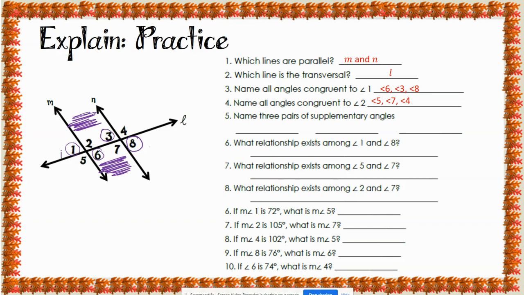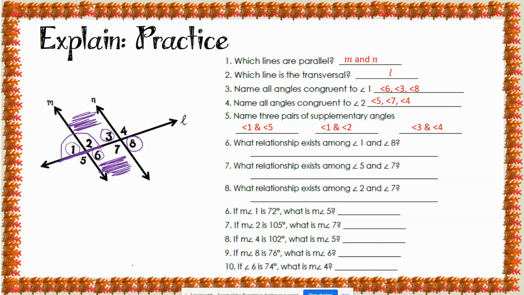If I look at 1 and 2, I see that those are on this straight line, which means that together they would equal 180. I want you to find 3 pairs of supplementary angles that you would think would work. So some examples would be 1 and 5, 1 and 2, and 3 and 4. You may also have found a lot of other examples, and those would also work.